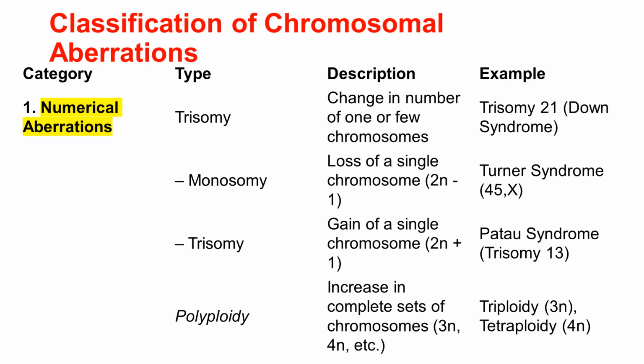Monosomy: loss of a single chromosome, 2n-1. Turner syndrome, 45,X. Trisomy: gain of a single chromosome, 2n+1. Patau syndrome, trisomy 13. Polyploidy: increase in complete sets of chromosomes, 3n, 4n, etc. Triploidy, 3n, tetraploidy, 4n.